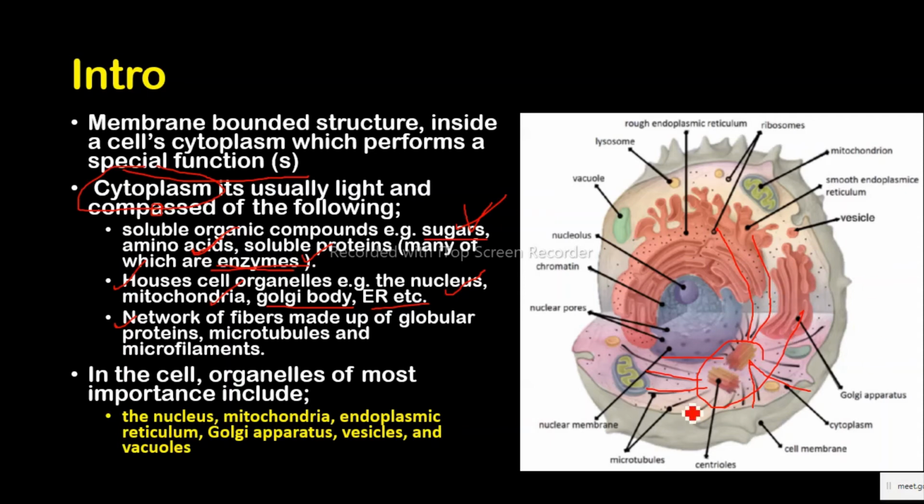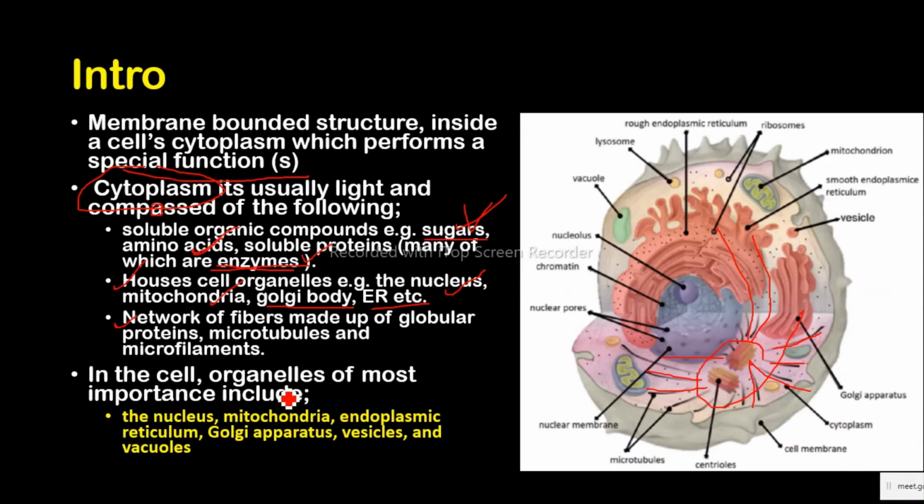Think about what makes this cell become intact. Okay? So it is this cytoskeleton, the microtubules and macrotubules and microfilaments, that constitute the cytoskeleton. Okay? And they are embedded within the matrix, the cytoplasm.